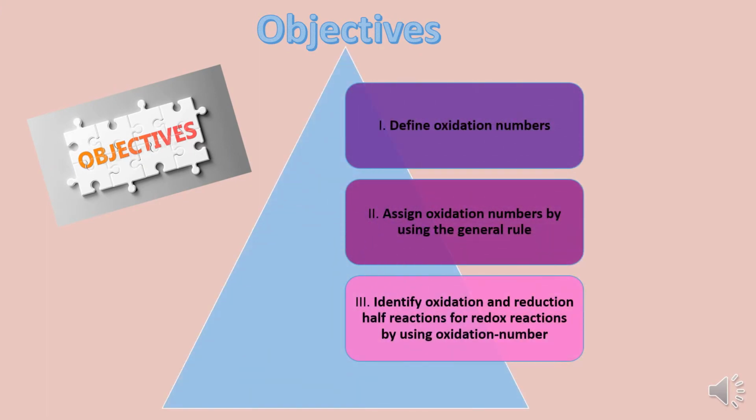The first one is to define oxidation numbers. The second one is to assign oxidation numbers by using the general rule. The last one is to identify oxidation and reduction half reactions for redox reactions by using oxidation number.